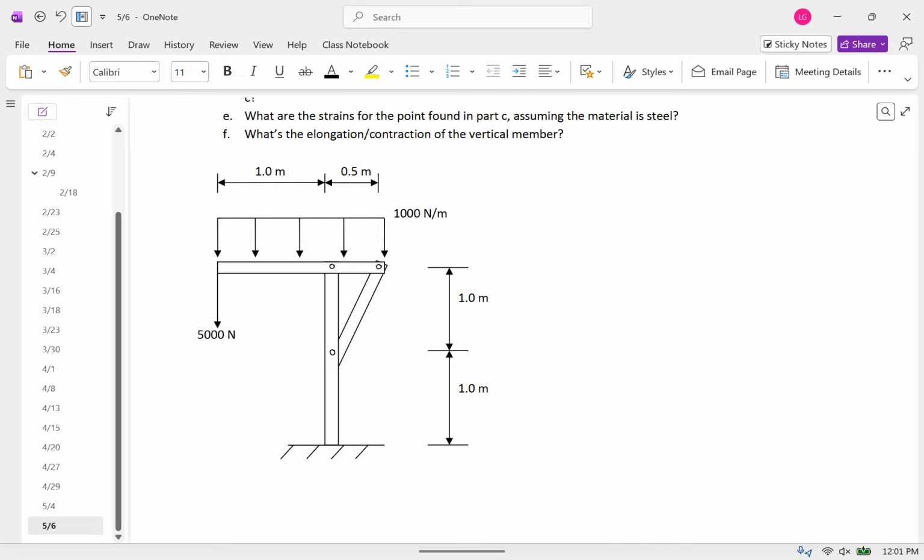What a truss needs is for every body to be a 2-force body, so there can only be 2 point forces on every body for it to use the rules of a truss to solve it. This top horizontal body has a distributed load, so that doesn't qualify. And the vertical member, notice, has 3 forces and a couple on it, so that's not a 2-force body.